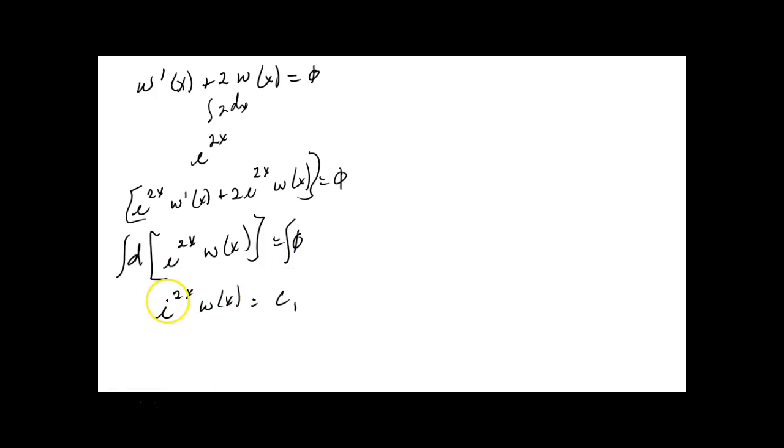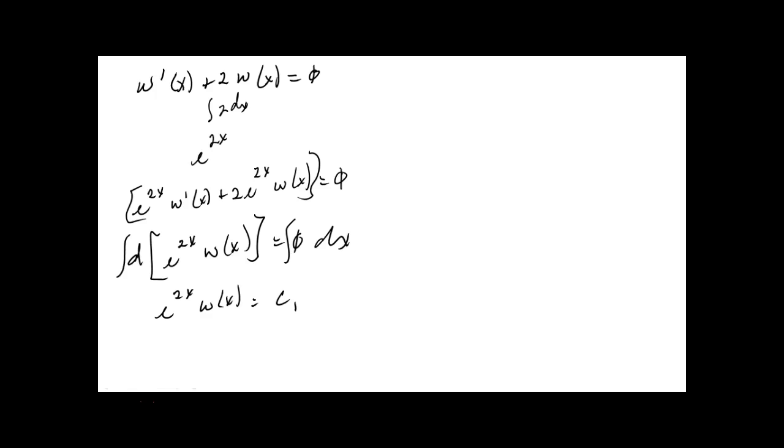I skipped a step there, put a dx over here, make it a differential. The integral of a perfect derivative is just what's inside, and the integral of 0 is just going to be a constant. They call it C1. Maybe we'll see later why that's the case.